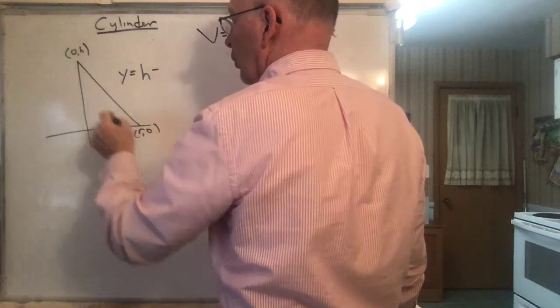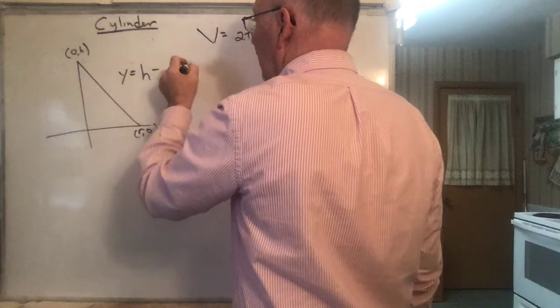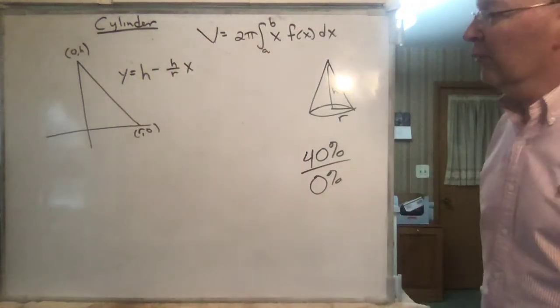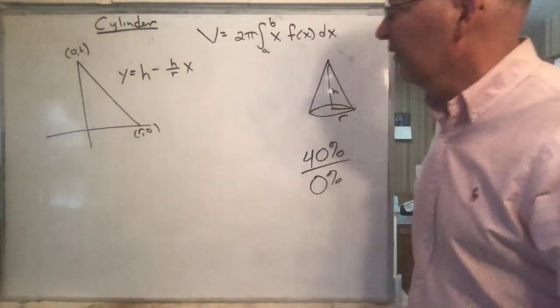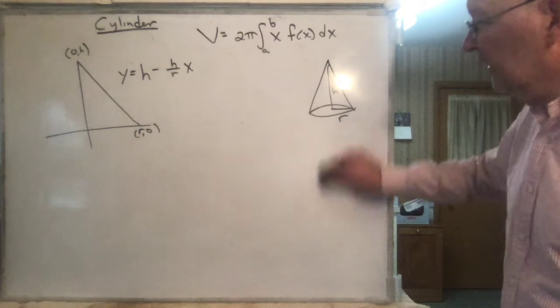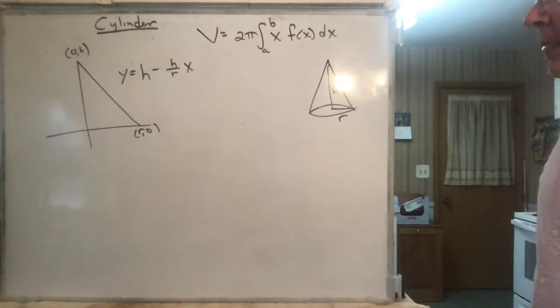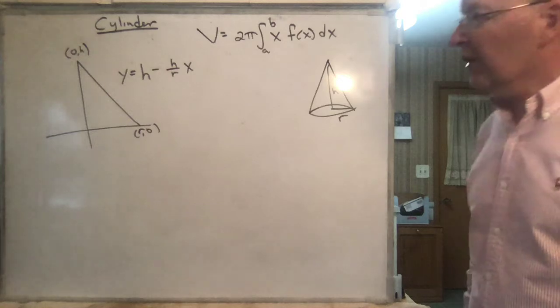Minus rise over run, which is what? Minus h over r, x. You can use whatever method you need. You got 2 points on it, however you want to show that that's the equation of that line. That's all 9th and 10th grade stuff, okay? So you should know that coming in. Rise over run. Very good. Okay, so there it is.